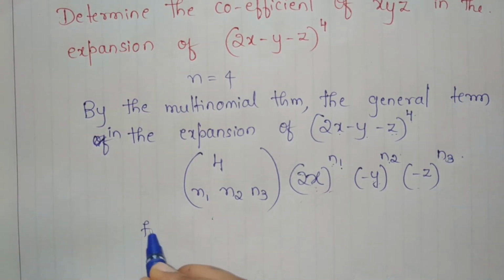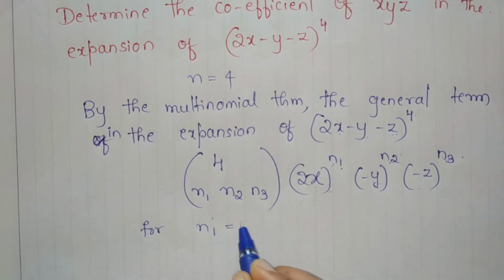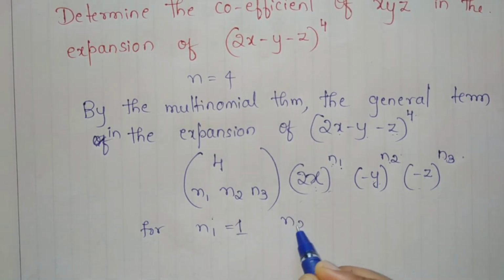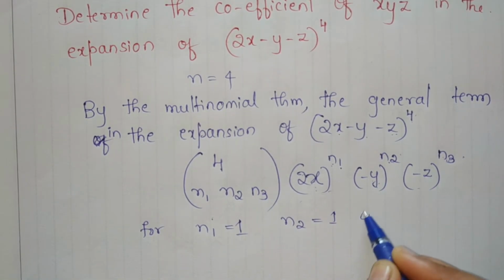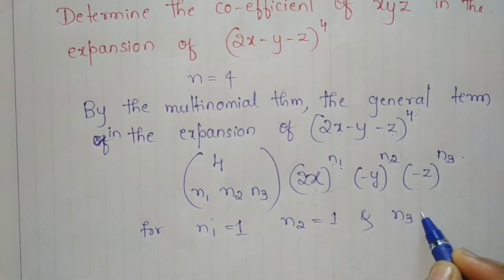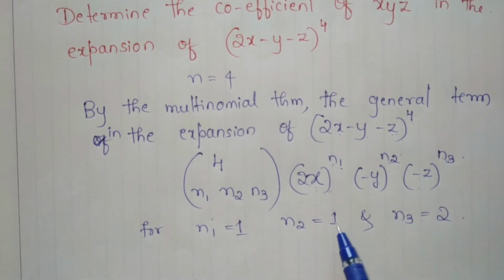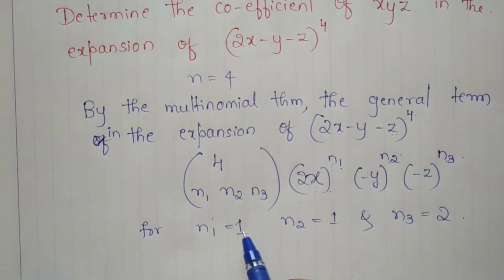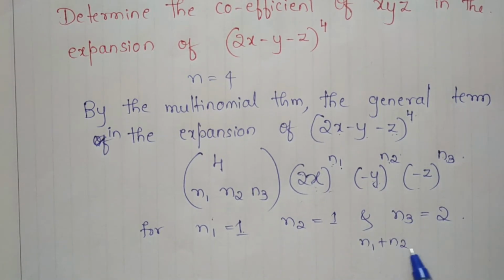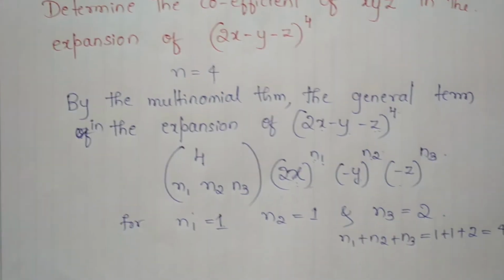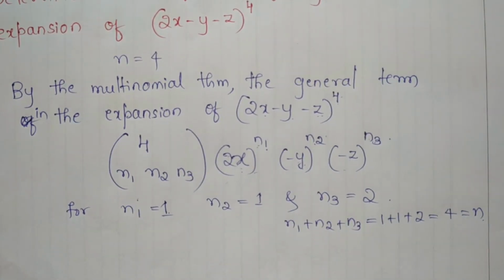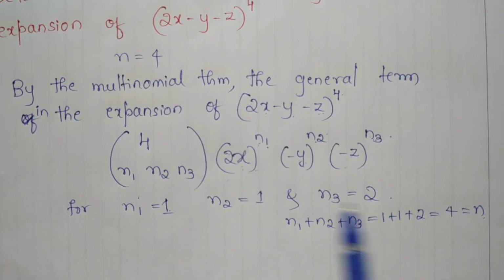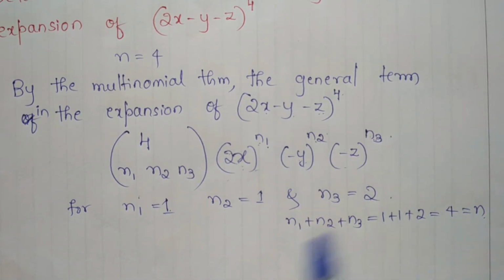So now for n1 is equal to 1, n2 1 and n3 is equal to 2. So 2 plus 1 it is 3, 3 plus 1 is 4. So total n1 plus n2 plus n3 that is equal to 1 plus 1 plus 2 that is 4 and it is equal to n. Okay, so this is how you choose the values n1, n2, n3.